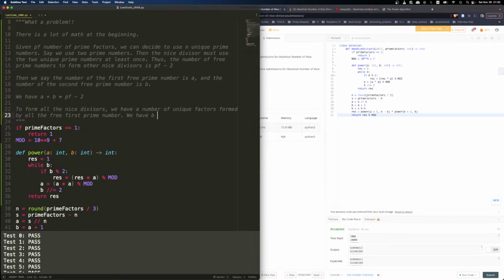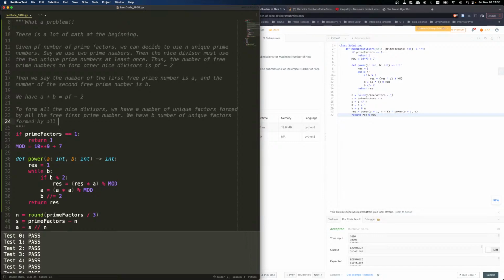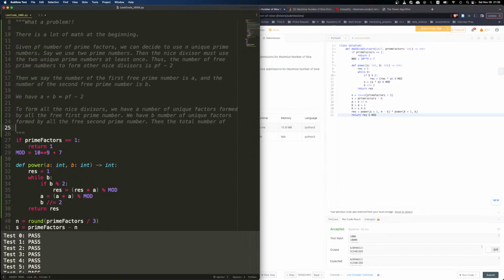Now we have b number of unique factors formed by all the free second prime number. Then the total number of nice divisors is a plus b plus 1 plus ab. Okay, this is equal to a plus 1 times b plus 1.